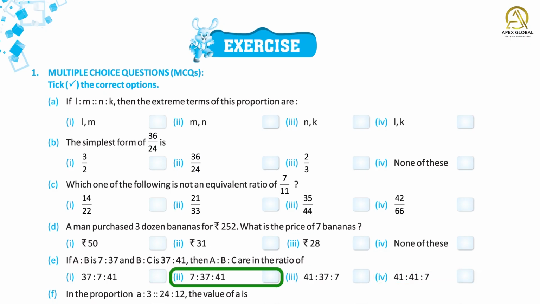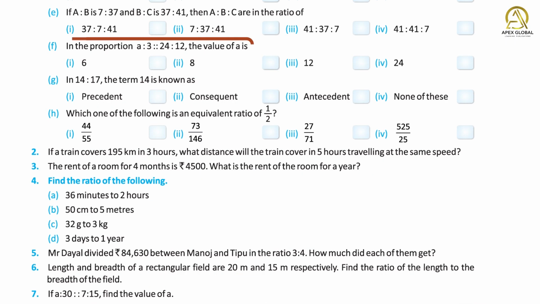Solution: second, 7 ratio 37 ratio 41. F. In the proportion A ratio 3 is to 24 ratio 12, the value of A is: first 6, second 8, third 12, fourth 24.